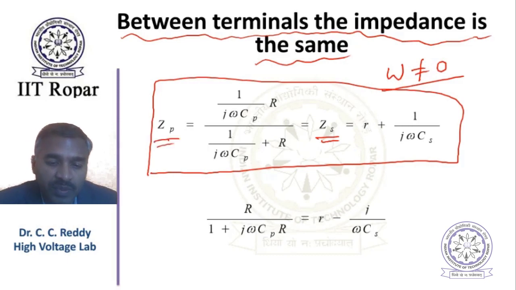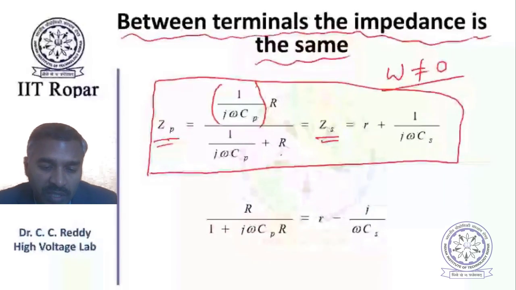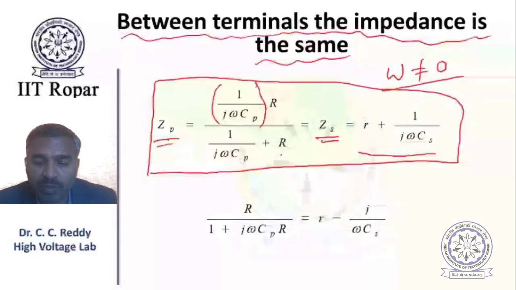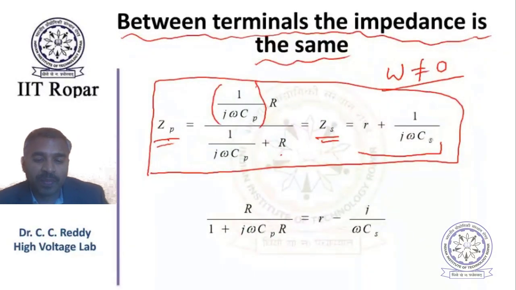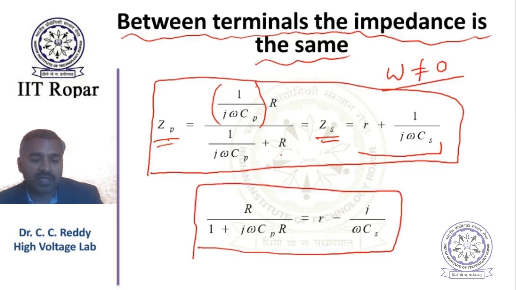What is Zp? Zp is R into 1 by j omega Cp, that capacitive impedance, divided by R plus 1 by j omega Cp, which is equal to series resistance r plus series capacitive impedance 1 by j omega Cs. Now, equating these two, we will get this kind of equation: R by 1 plus j omega Cp R equals r minus j by omega Cs.